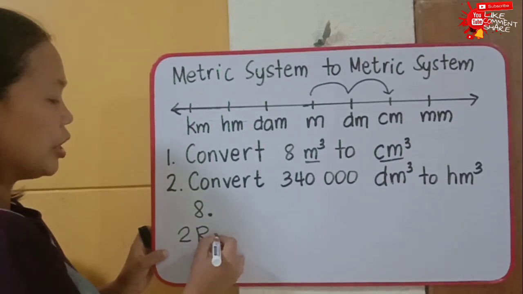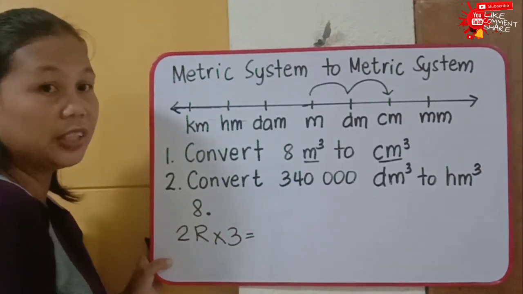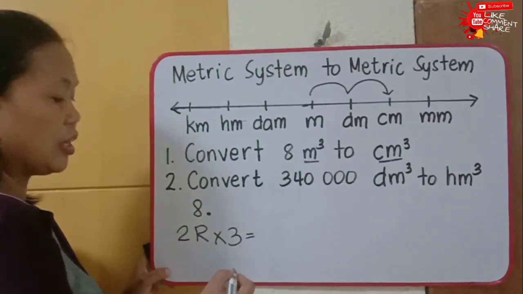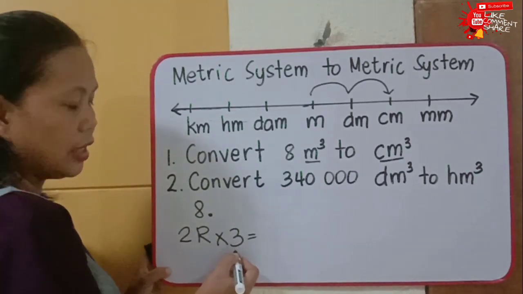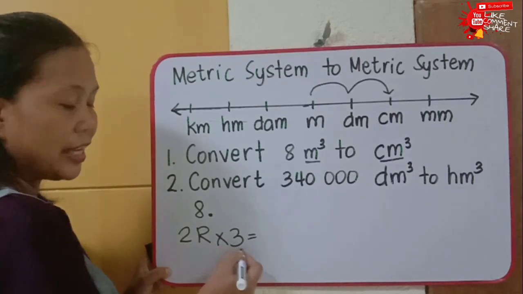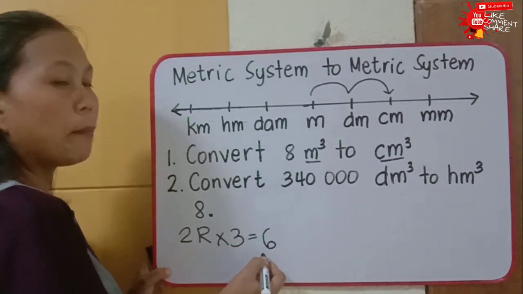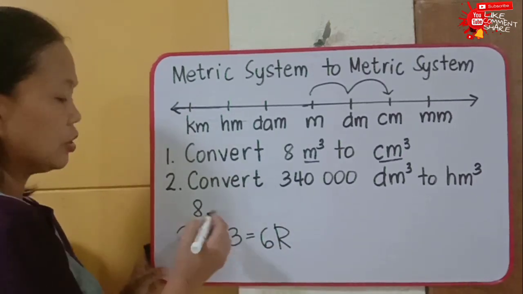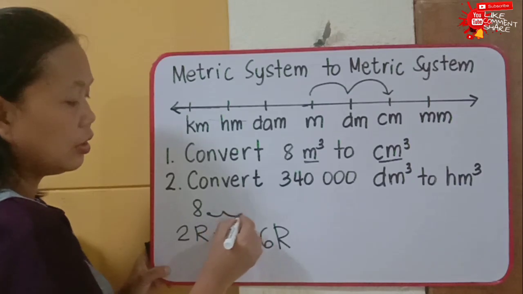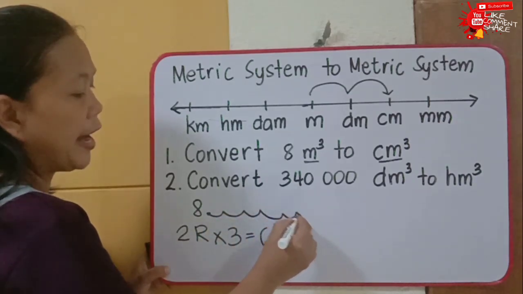Okay? Then we need to multiply it by 3 because we are dealing with the volume of a solid figure. So we have length, width, and height. That's why it's 3. So 2 times 3 is 6. So it means that we will move the decimal point 6 times to the right. So we have here 1, 2, 3, 4, 5, 6.